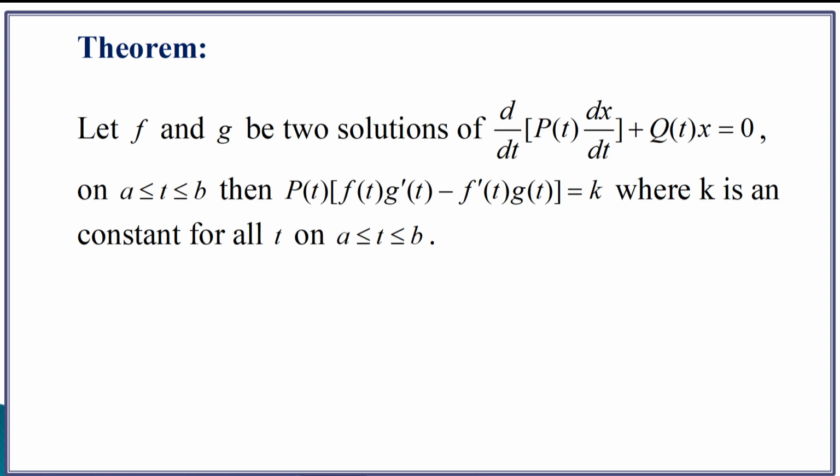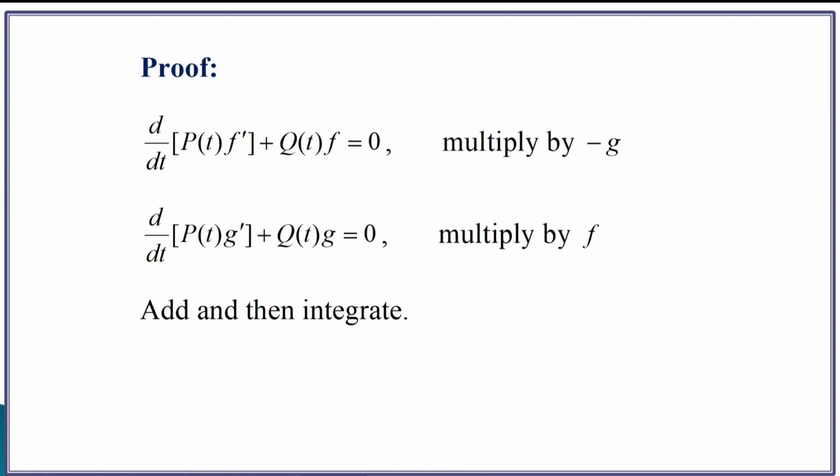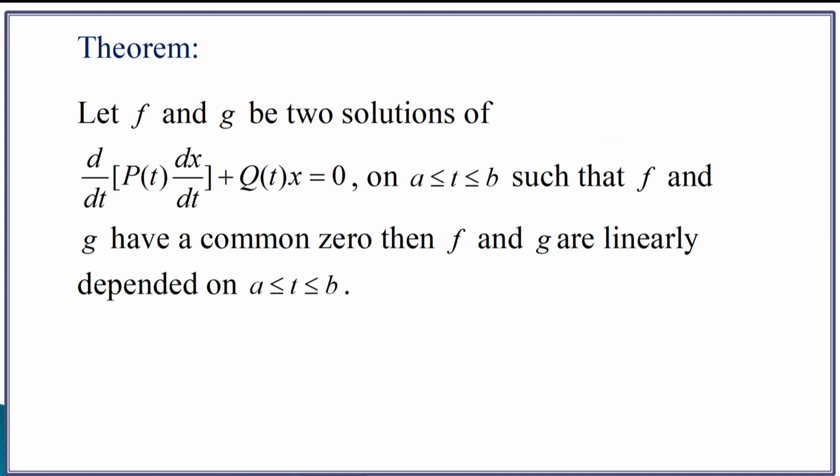Where we have f dash, the derivative of f, we need to multiply by g, and where we have f, we need to multiply by g dash. So in the first equation we have f dash, therefore we multiply by minus g. In the second equation we have g dash, so we multiply by f, and then adding them and integrating them gives the required result.